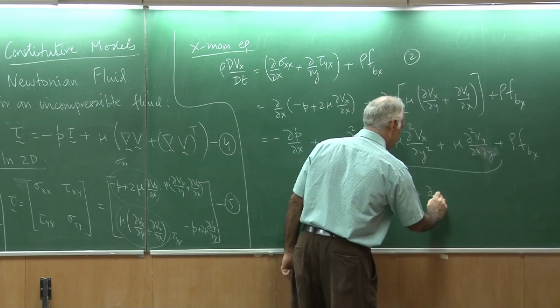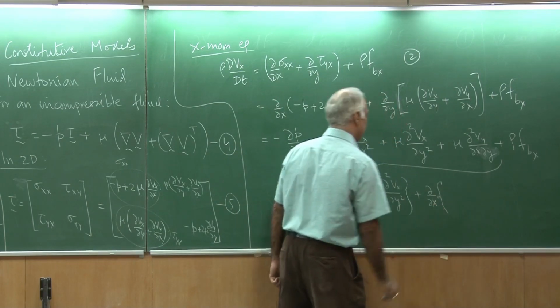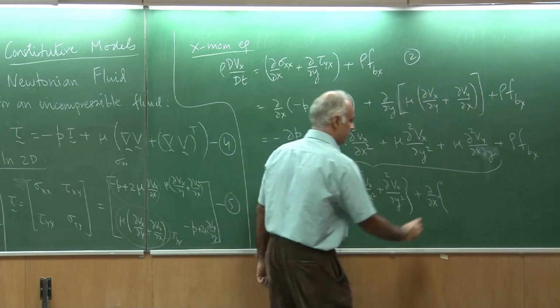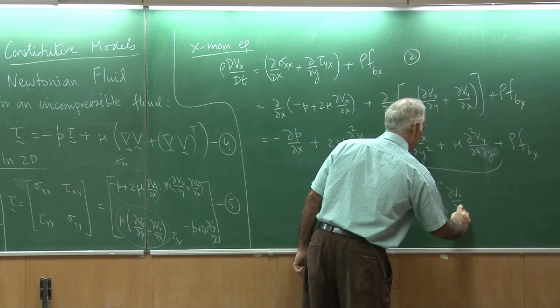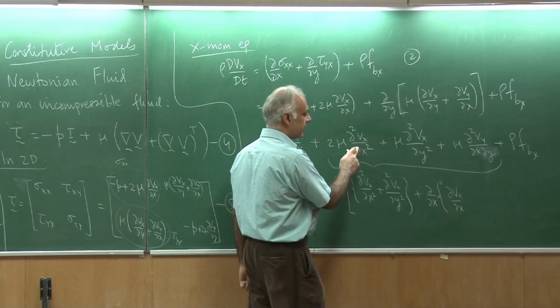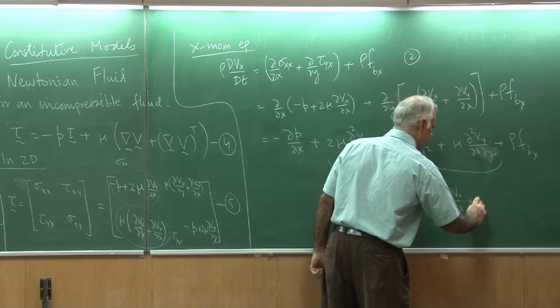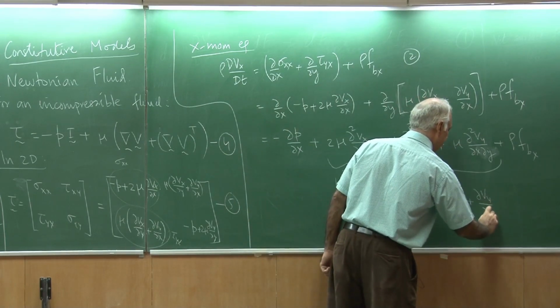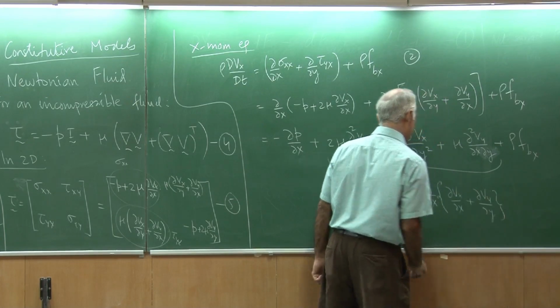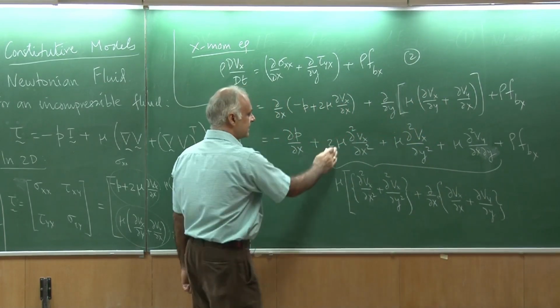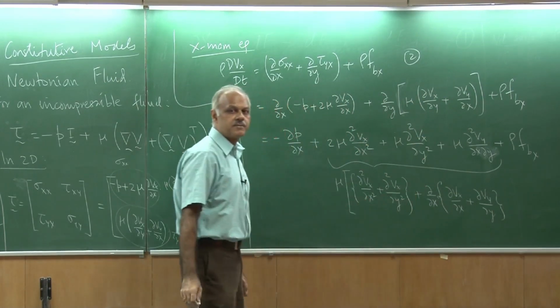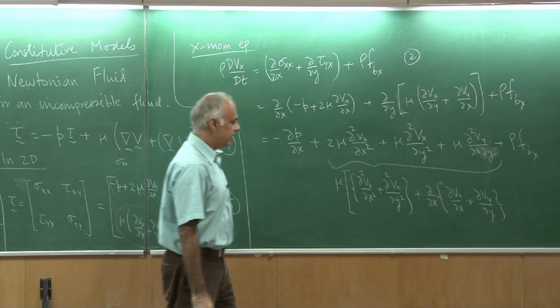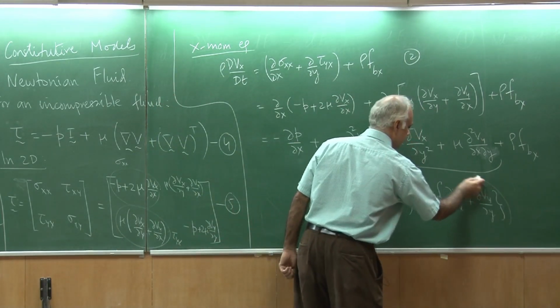down del by del x of del Vx by del x from over here, and from this guy I get del Vy by del y. So that's just these terms, the viscous terms. Okay. Do you remember what this term is?